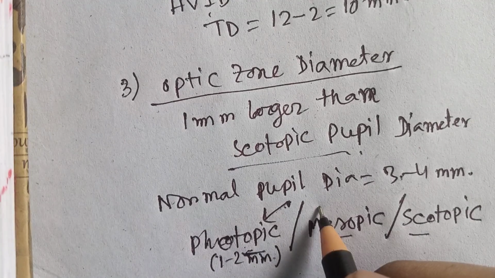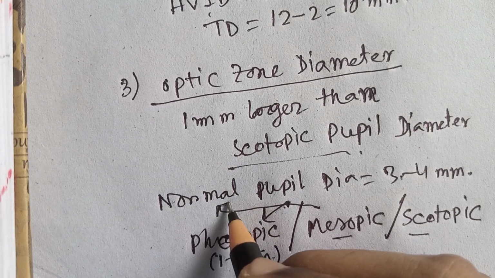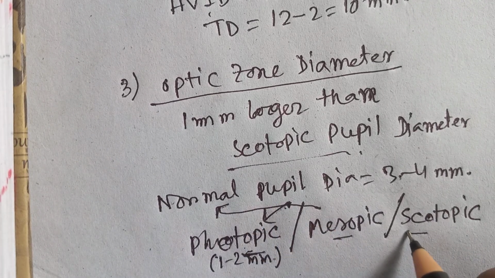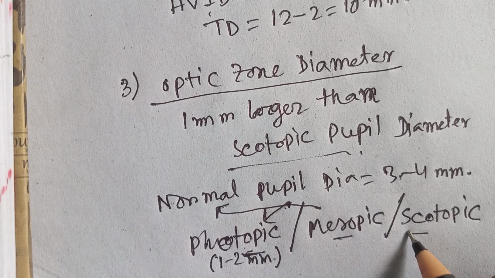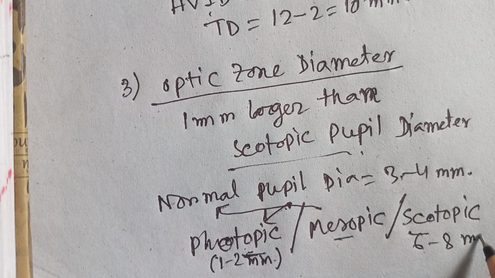The mesopic illumination is the normal illumination condition, so mesopic means the normal pupillary diameter, and scotopic means in dim light or in the dark, the maximum possible, largest pupillary diameter, which is about 6 to 8 millimeter.